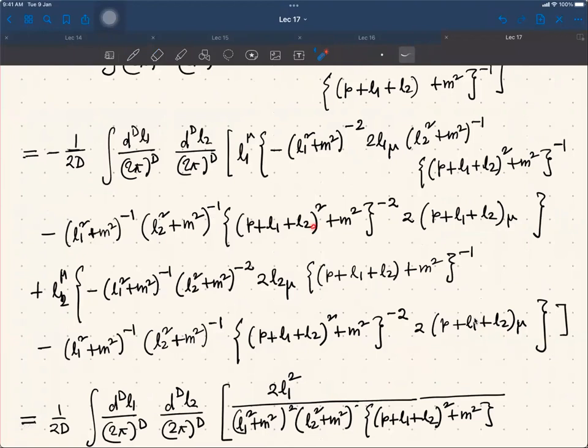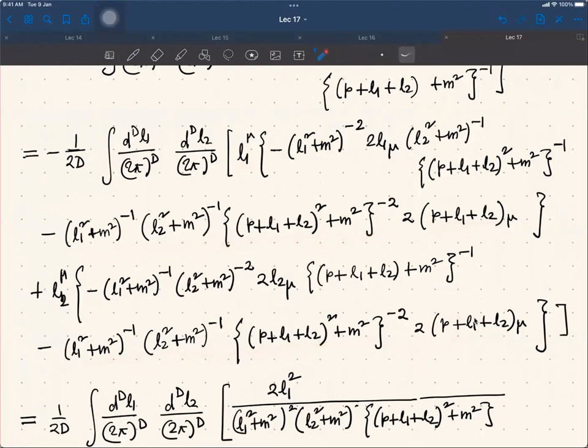So for these two terms, second and fourth term, we have the same denominator. And in the numerator, I have this factor to be same, but they are dotted with two different vectors. This one is L1 and this one is L2.